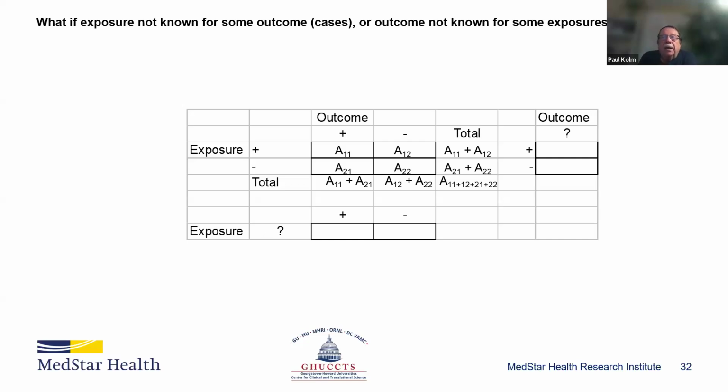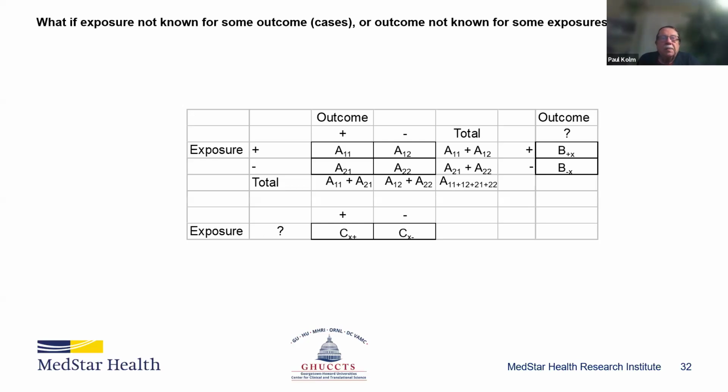But let's say that we have some outcomes that are missing for the exposed, and then we have some outcomes that are missing for those that have not been exposed. And then we can also have outcomes that are missing for those that experienced the outcome and those that didn't experience the outcome.